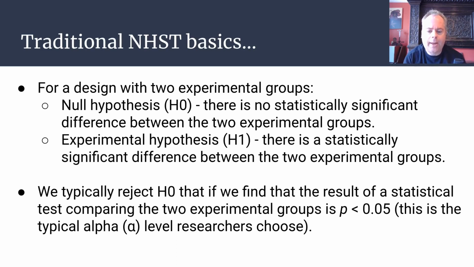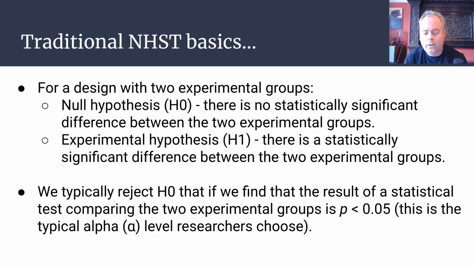For a design with 2 experimental groups, we've got the null hypothesis. This is the idea that there is no statistically significant difference between our two experimental groups. And then we've got the experimental hypothesis, which is the idea that there is a statistically significant difference between the two experimental groups.